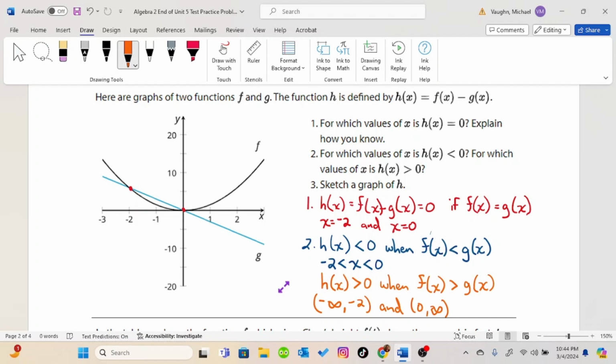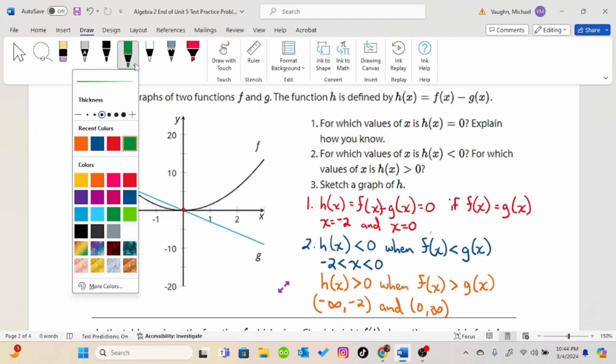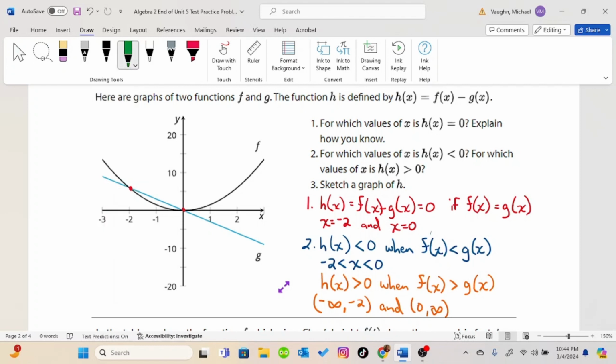And then number 3 wants us to sketch a graph. Well, we already know that the points where they cross are going to equal 0. And we said that in between -2 and 0, we were going to be negative.